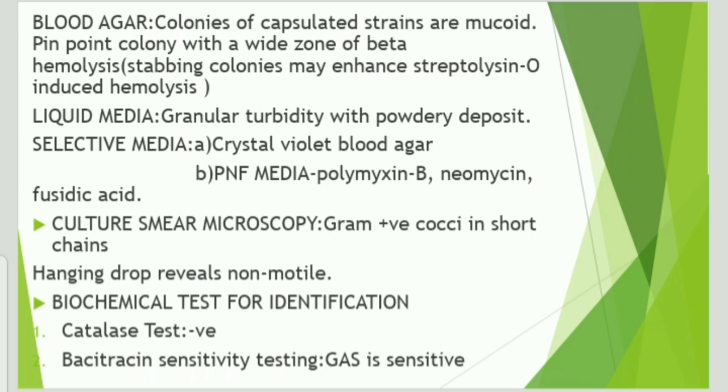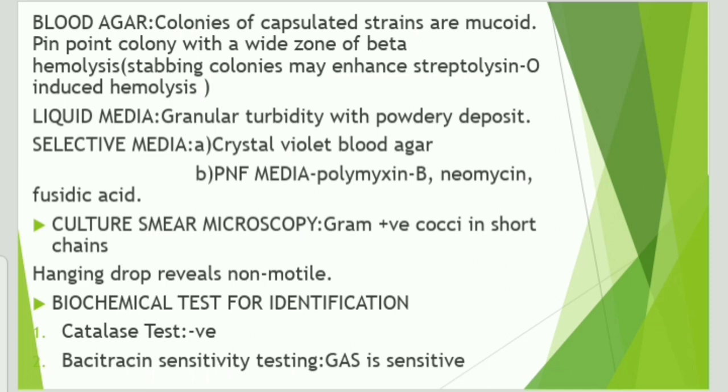The selective media we can use here: the first one is crystal violet blood agar. Here the crystal violet inhibits the growth of staphylococcus and other bacteria. The second selective media is PNF media.